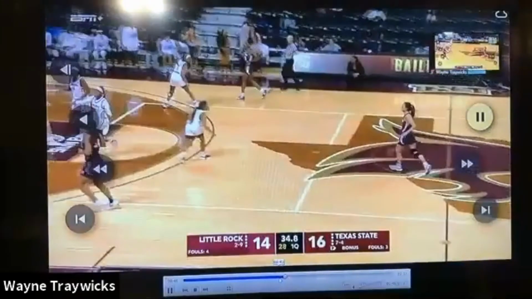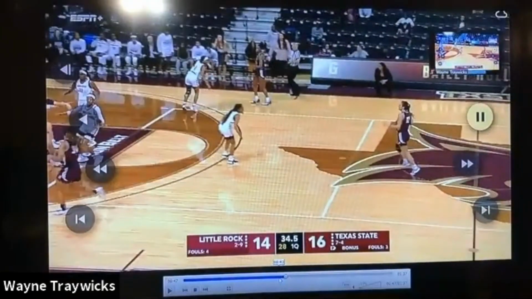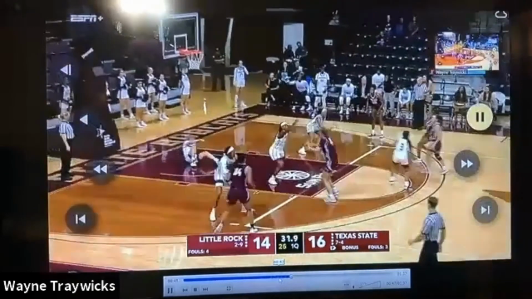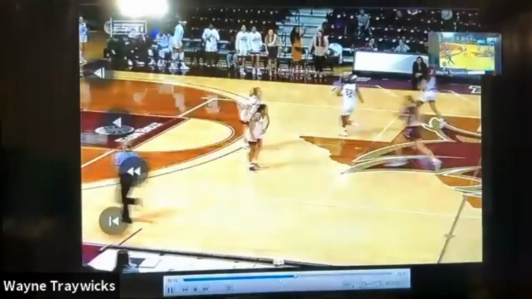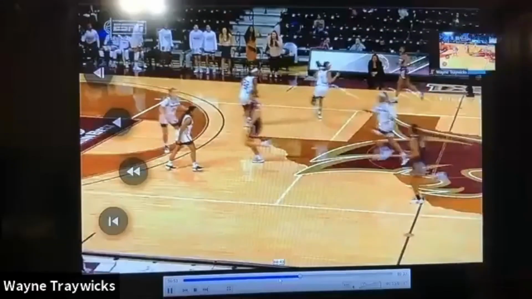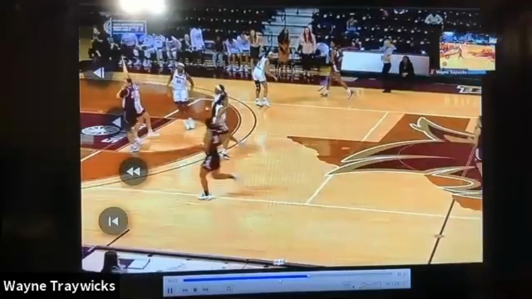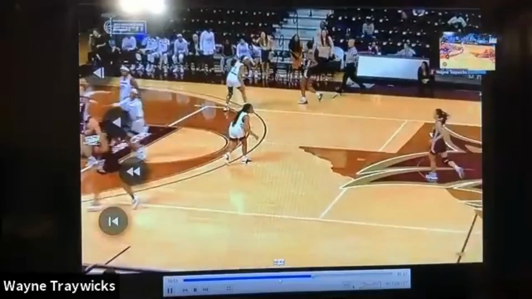All right. Do you have any other angles on this play, Wayne? Yes, we do. We have an angle from the end zone. This is from midcourt. And then there's an angle from the opposite end line.